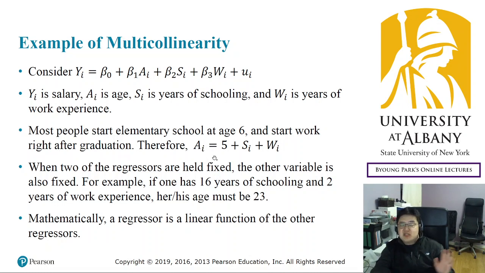And from these 2 examples, you can see the problem mathematically. Intuitively, the problem is the lack of variation, the ceteris paribus variation. So lack of variation when the other variables are fixed. In other words, when you fix some variables, another variable is fixed as well.